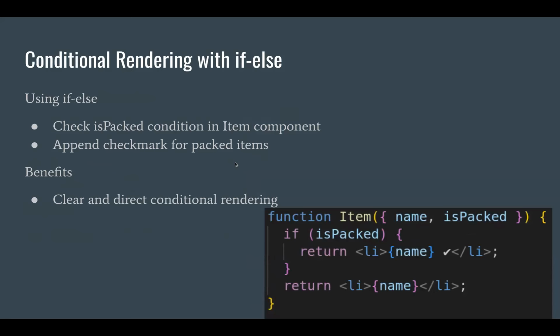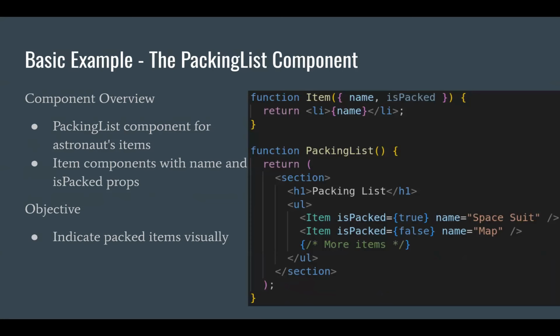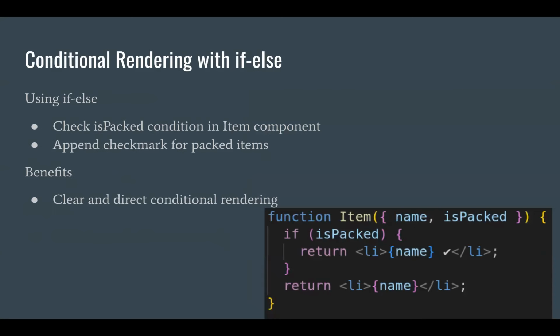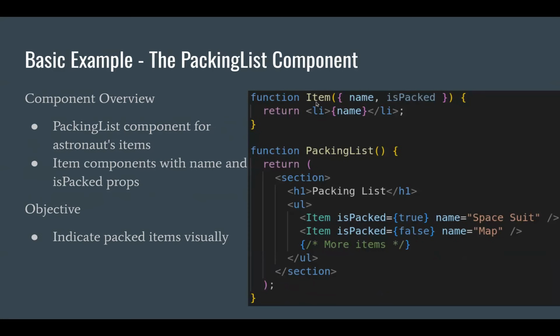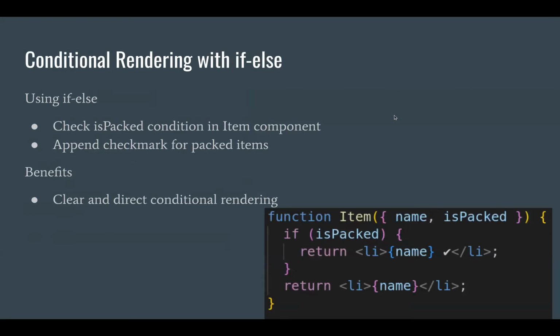Conditional rendering with if else. One of the simplest ways to implement conditional rendering is by using the if else statement. Going back to this packing list component, we see that in this item component, we haven't used isPacked.